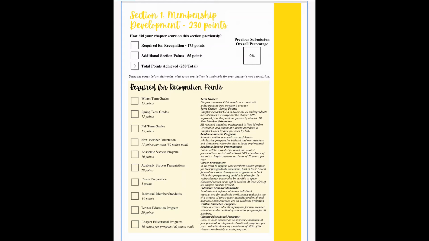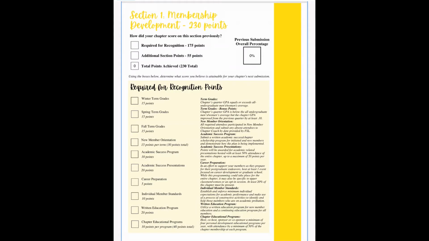Once you input the points that your chapter achieved in the required for recognition and additional section point boxes, the total and percentage will automatically calculate. This calculation may take a moment, however, it is set to do all the math for you.